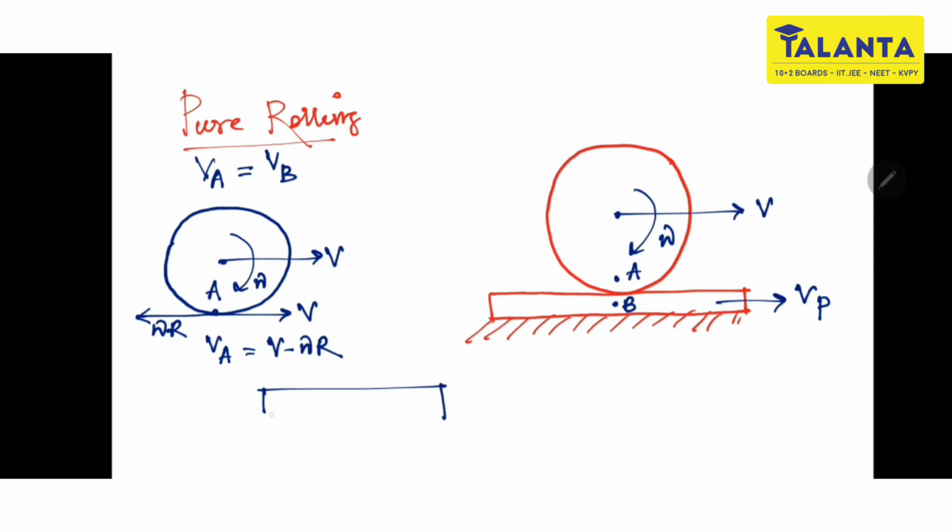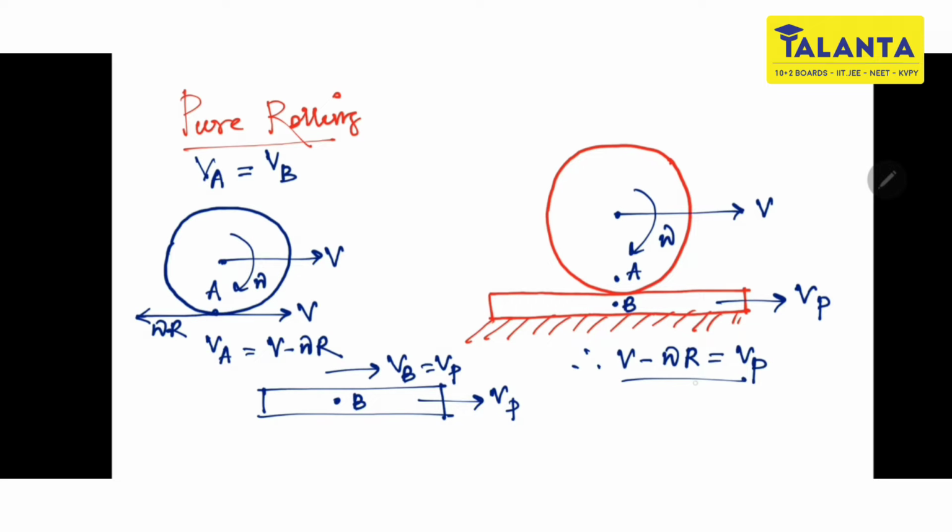And for the plank, this is point B, this is VP, so VB equals VP. As v minus omega r equals VP, this is the required condition.